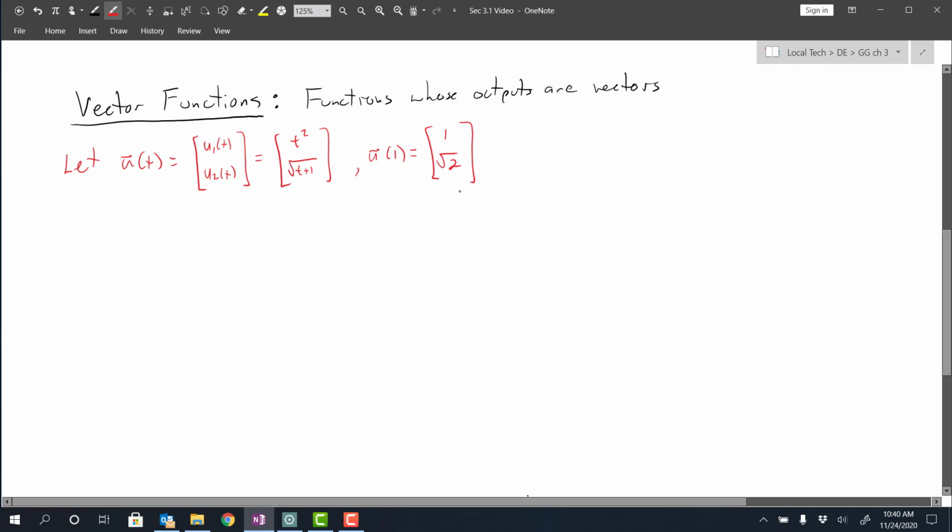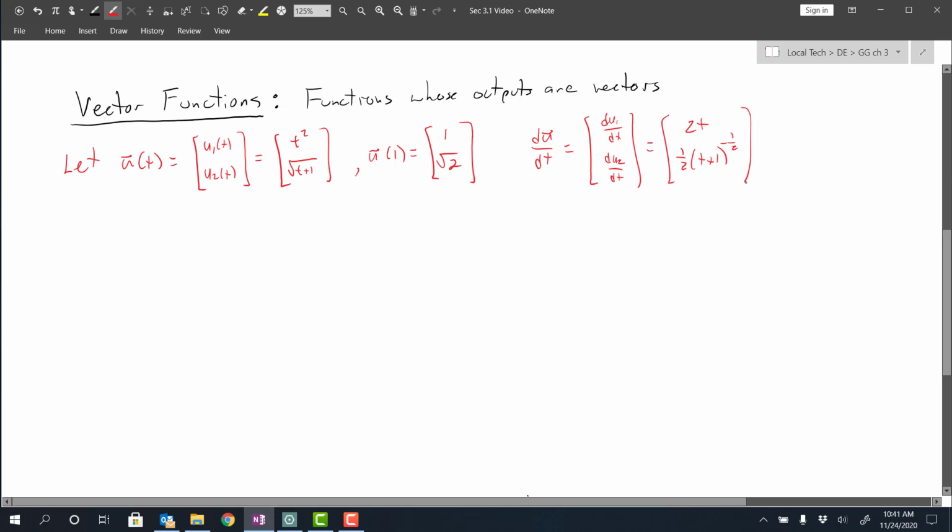Now the other thing we like to do with functions is take derivatives. If I want to take the derivative of this vector-valued function, all I'm going to do is take the derivative of each of the components. In this case, I would have 2t and 1/2 the quantity t plus 1 to the negative 1/2 power.